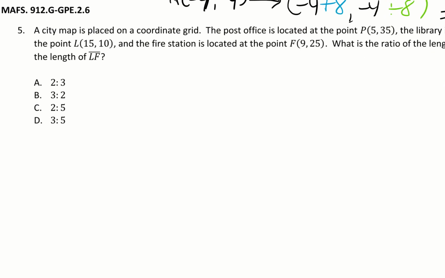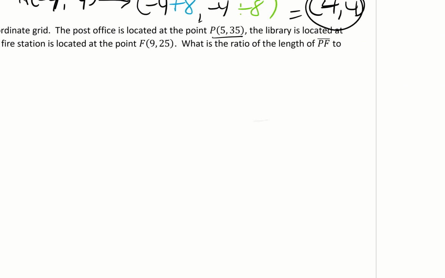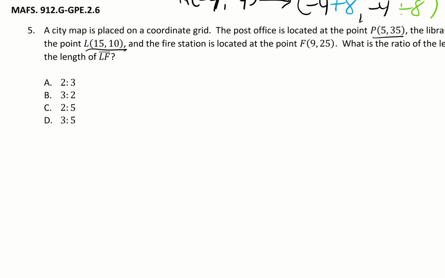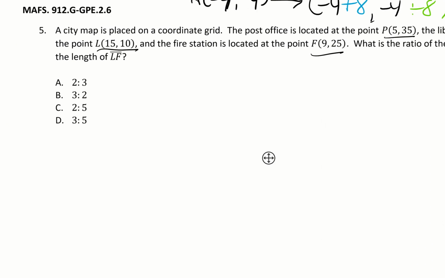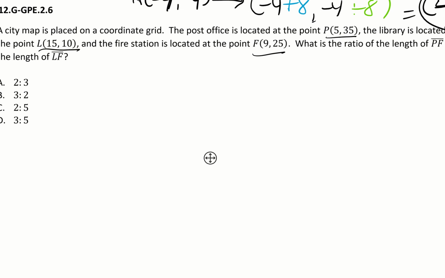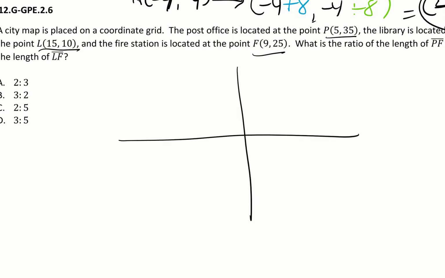All right, a city map is placed on a coordinate grid. The post office is located at the point (5, 35), and the library is located at L (15, 10). Fire station is located at (9, 25). What is the ratio of the length of PF to the length of LF? Okay, so let's go ahead and visualize this. So we have, let's go by fives, 5, 10, 15, 20, 25, 30, 35.